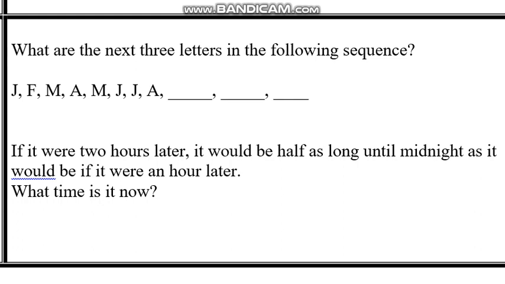And if it's an hour later, it's 10 p.m., 2 hours to midnight. So 9 o'clock p.m., I think, is the answer to that one. Just some little brain teasers. Okay.